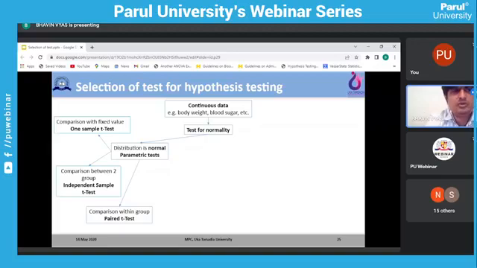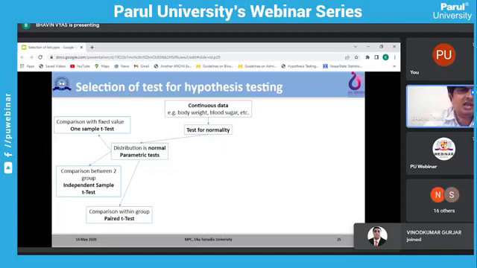Now, if you are comparing between two groups which are independent, say I have a group of 10 and divide it into 5 in group A and 5 in group B, then administer a drug and measure the blood glucose level, to see how much it is reducing in group A and group B. If I want to compare that, then I need to select an independent sample t test, where I have two different groups.